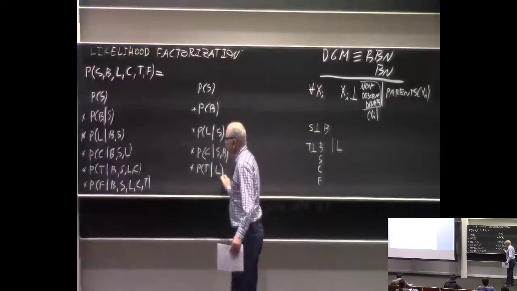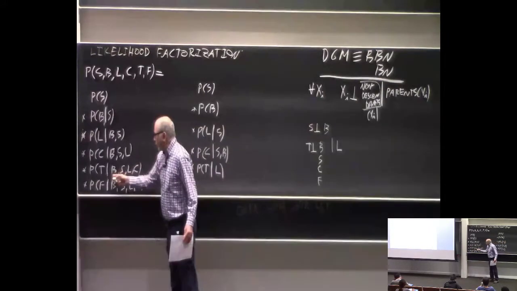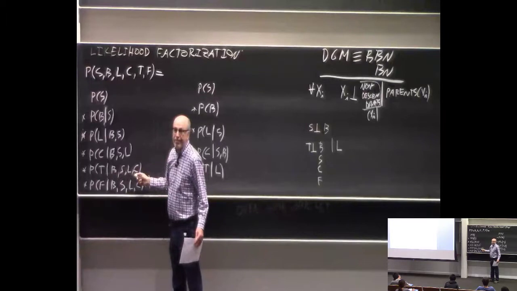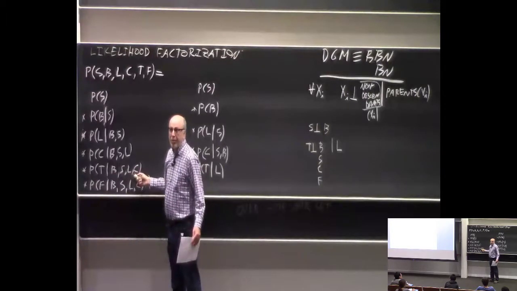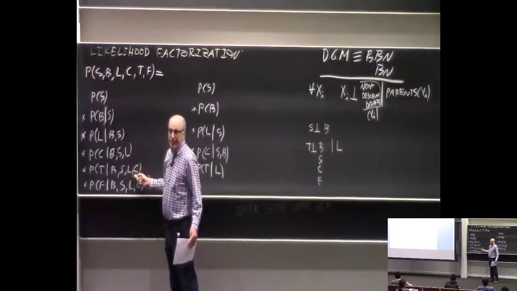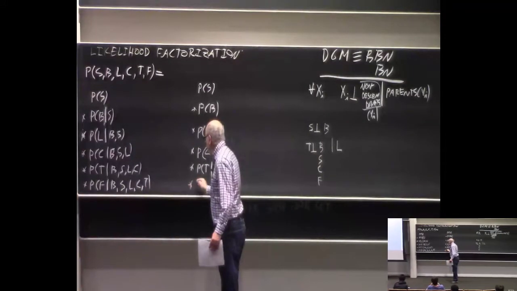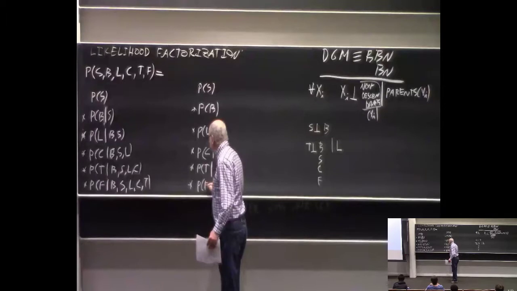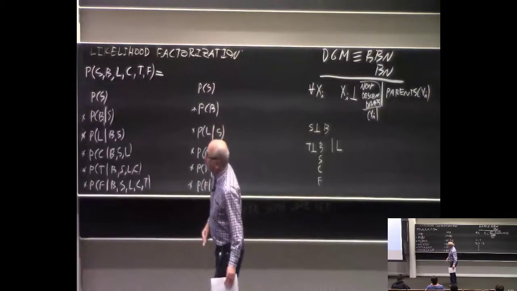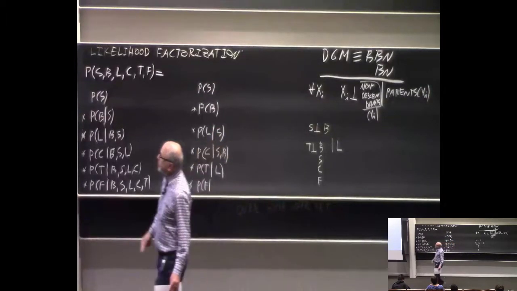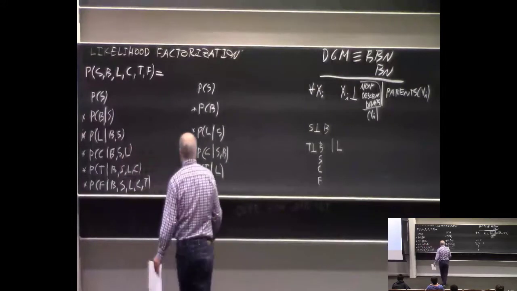That's a big win, because I can drop these 3. The more you can drop, the fewer parameters you will have to estimate. And then finally, probability of fire given dependence on its parents, which is L, S, and C.